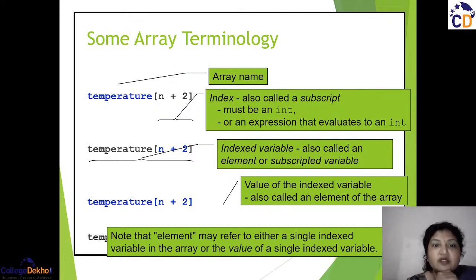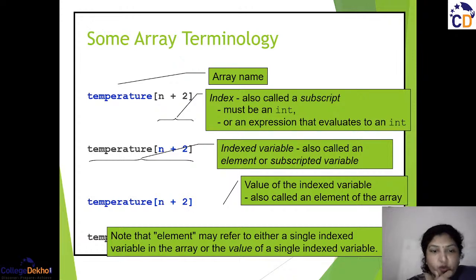Then we have the indexed variable temperature[n + 2]. An indexed variable is also called an element or subscripted variable. I told you that whenever we access an element, the subscript is given in the square brackets. Then this temperature is the value of the indexed variable, or also an element of the array.